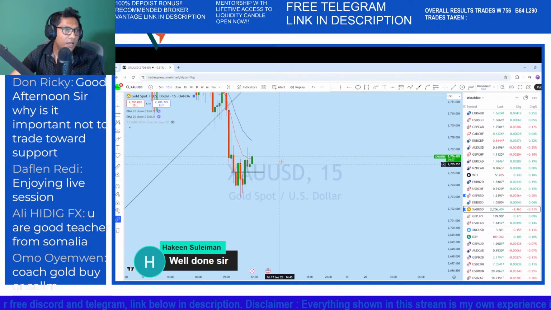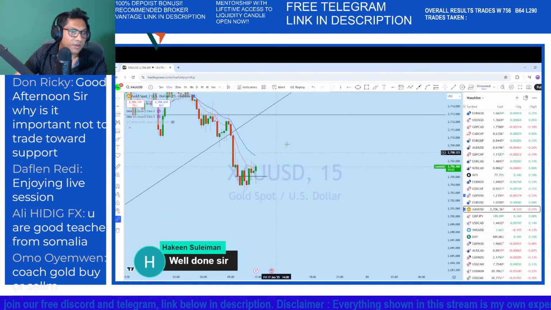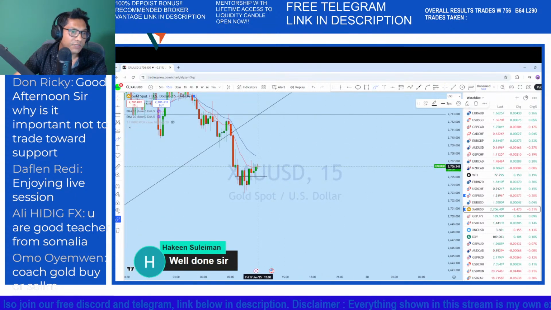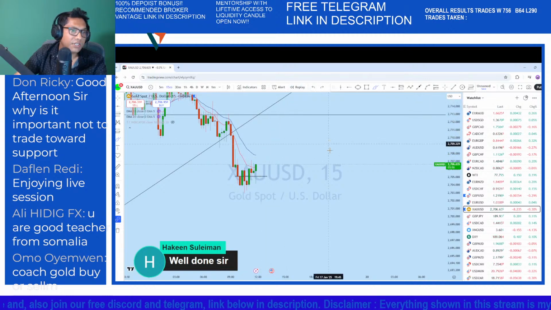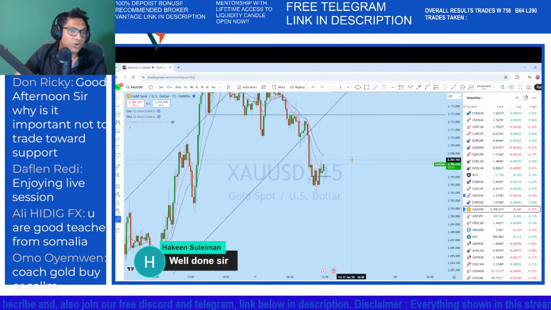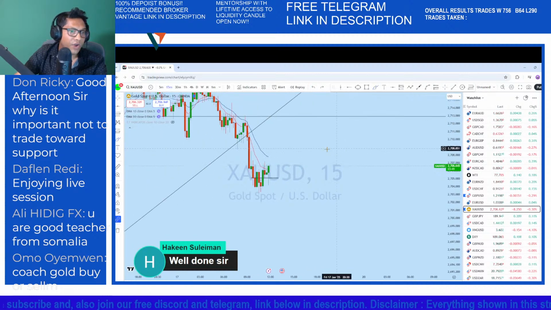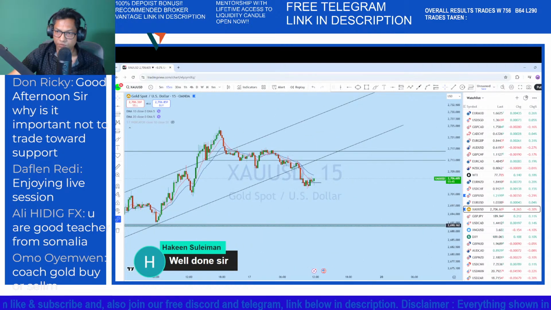There is a 15 minute bullish pin bar here, which is bullish price action, so we expect the market to go ahead and create a new higher high, to find out where the price might be heading.